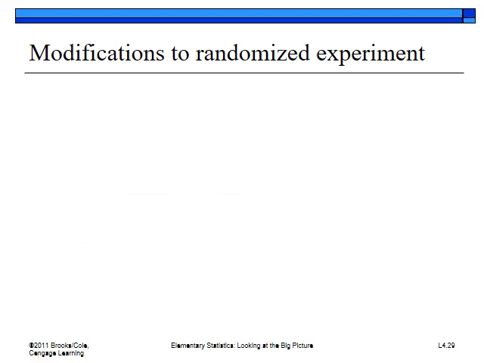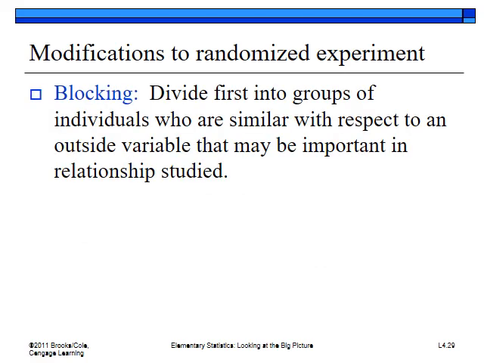There are some modifications that we can make to a randomized experiment. One of those is blocking. In a blocking situation, we first divide the sample into groups of subjects that are similar in some way.